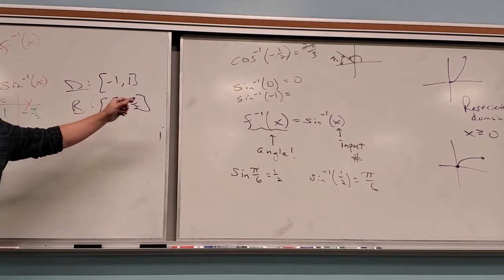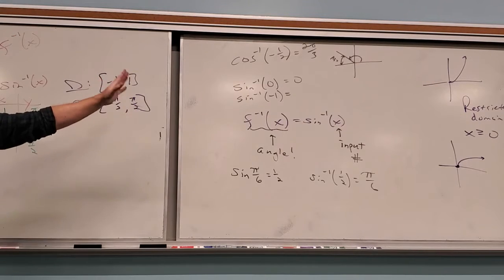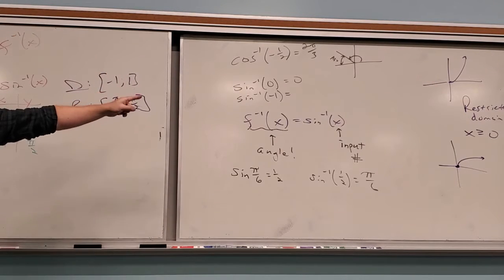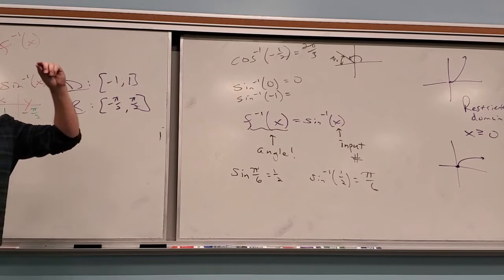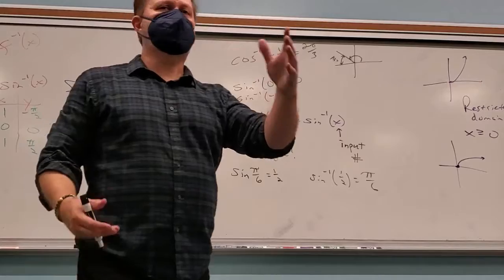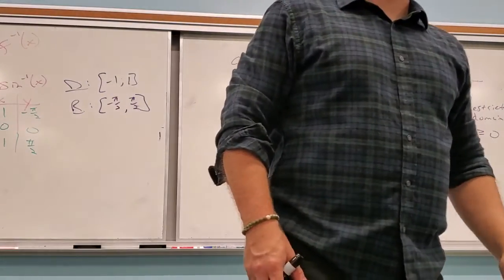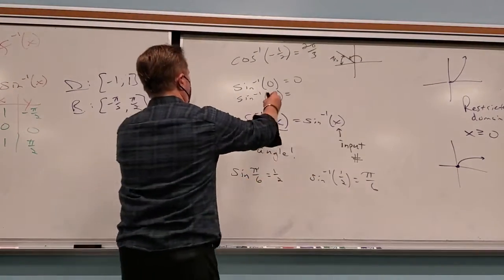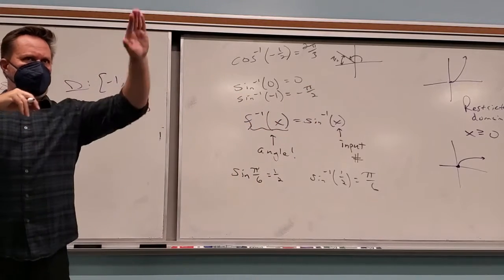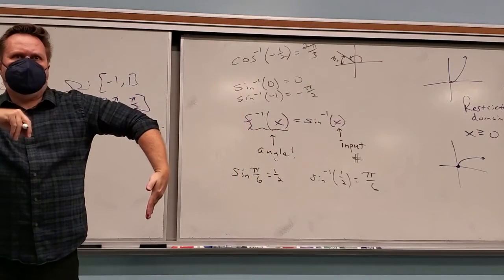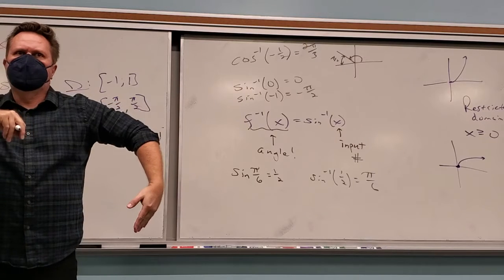Negative pi over 2 to pi over 2. Sine of pi over 2 is positive 1. So what's the inverse sine of negative 1? Negative pi over 2. Doesn't negative pi over 2 give you a negative 1 sine? Okay.